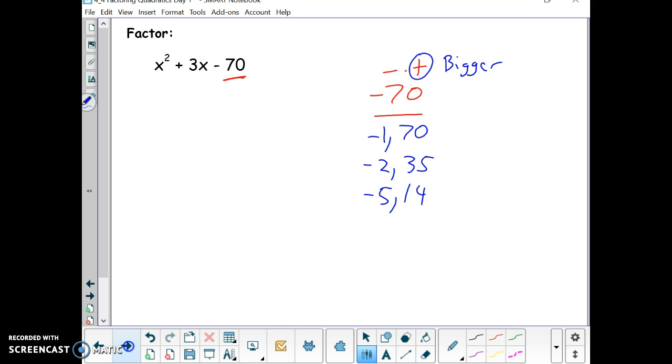It still doesn't add up. 6 doesn't work. 7 should work. And I think finally we hit it with 7. Because if we make 7 negative and the 10 positive, we get positive 3 in the middle. So this breaks apart to x plus 10 and x minus 7. Again, those two things are equal. We factored them apart.